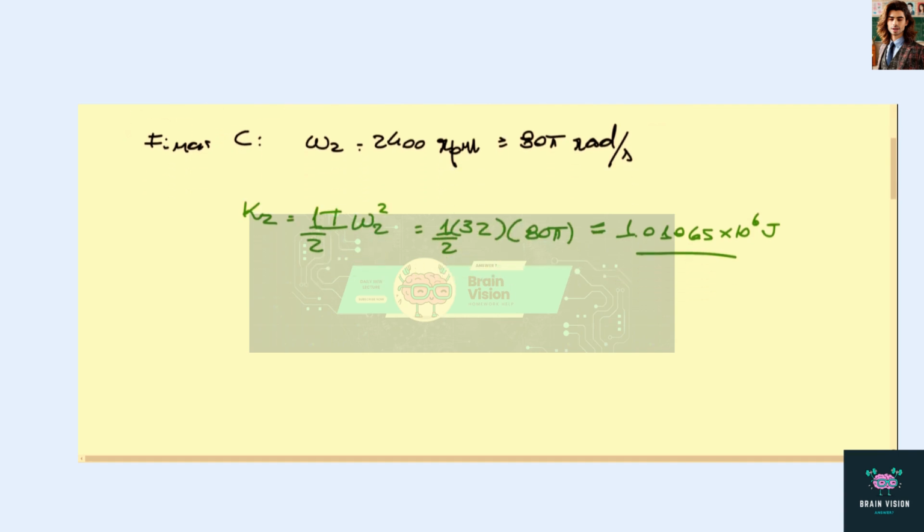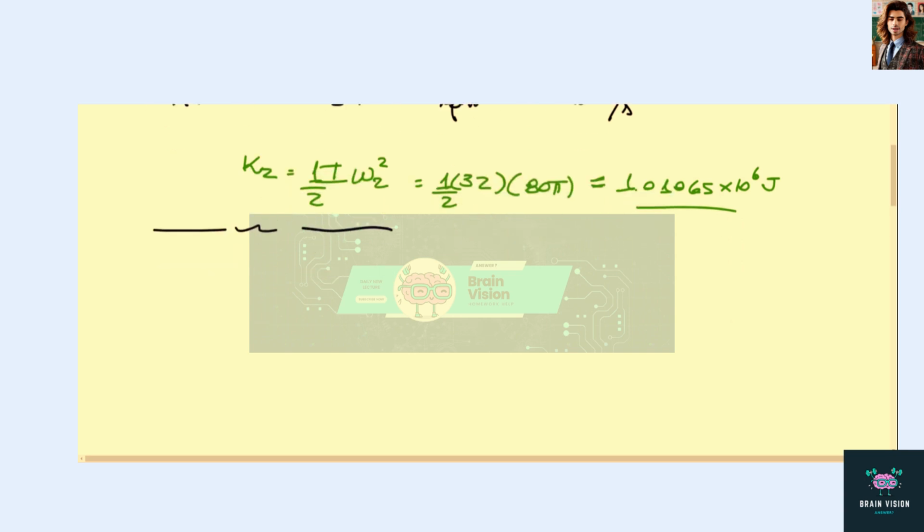And according to the principle of work and energy, we know that the kinetic energy at the beginning plus the work from point 1 to point 2 should be equal to the final kinetic energy.